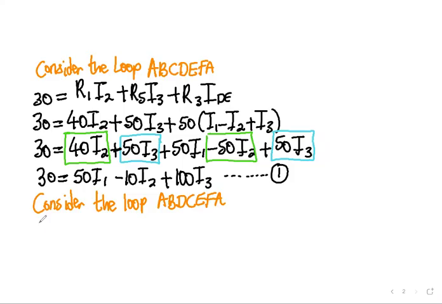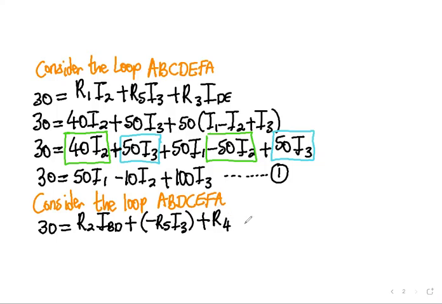So we're gonna have 30 equals R2 times the current at BD, and then plus, now, just because our current I3 is in the opposite direction, we are forced to put the negative sign, so negative R5 I3, and then plus our R4 multiplied by the current through CE.